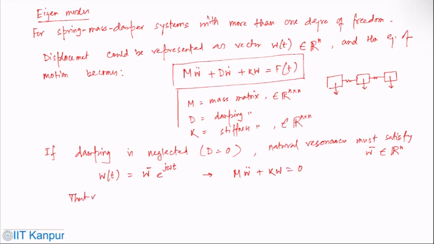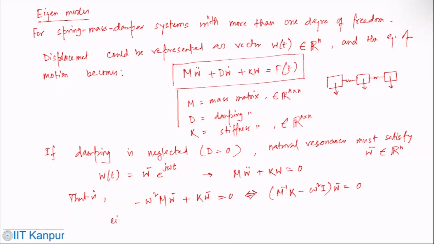And what we can write is (M⁻¹K − ω²I) W = 0. So this is an eigenvalue equation.